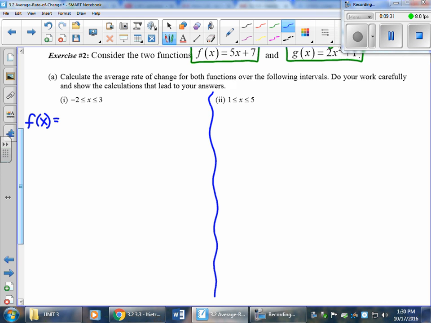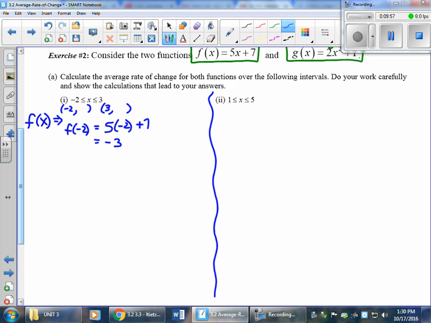Because this is telling me here, I have 2 points with x. Here I have -2, and I need to know what the y is. And here I have 3, and I also need to know what the y is. So f of -2 is equal to 5 times -2 plus 7, which is equal to, once you do the math, -3.